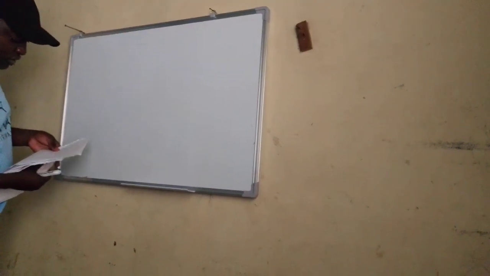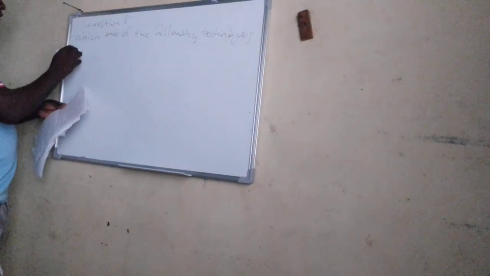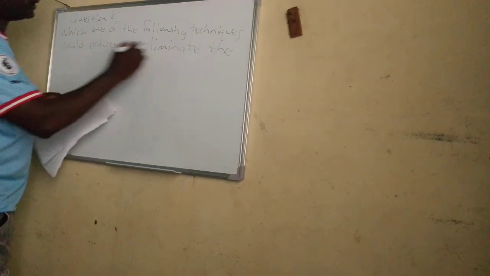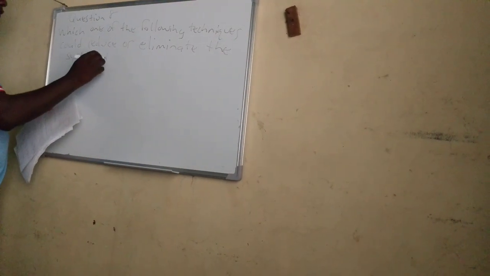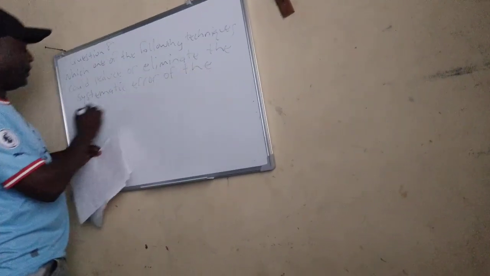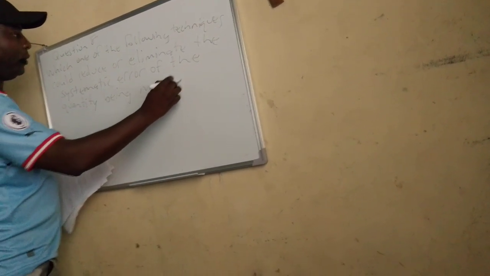Which one of the following techniques should reduce or eliminate the systematic error of the quantity being measured?